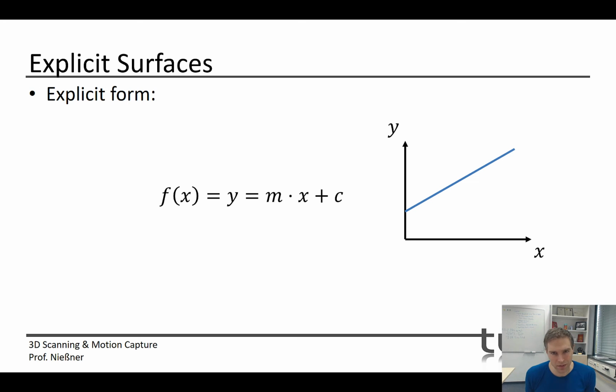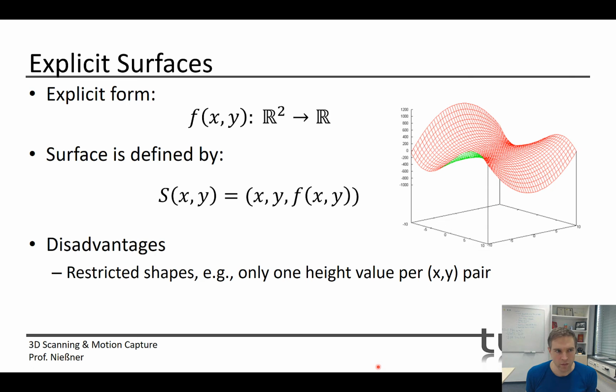This one is relatively straightforward, and it's very easy to define a surface like this also in 2D or 3D. So now, rather than a line, you can have an explicit surface where you get x and y as input. This goes from R2 and maps to a height, this R here, which is like the z as an output.